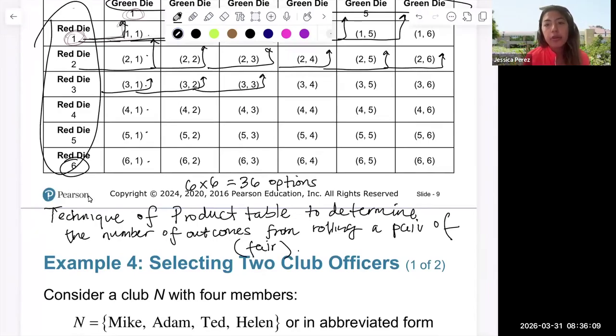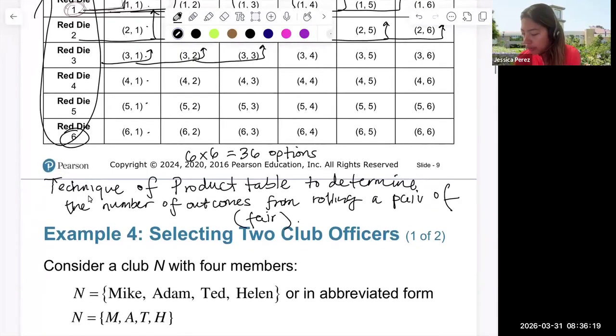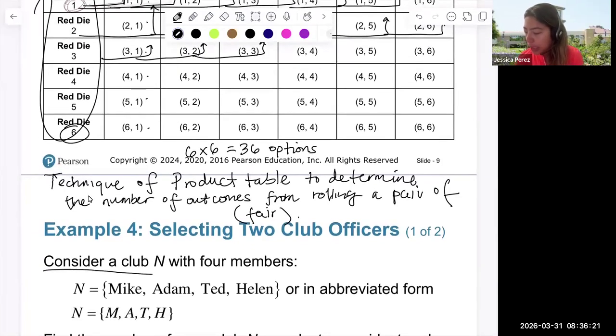Now, what if we are doing another example? We wish to select 2 club officers. Now, 2 from how many members? So consider a club with 4 members. So now we have 4 members, and we want to select 2 club officers.